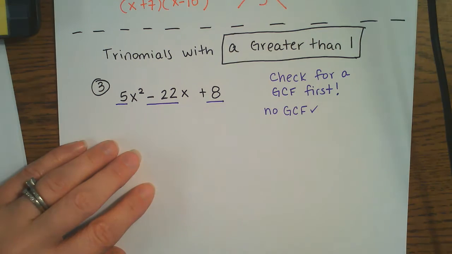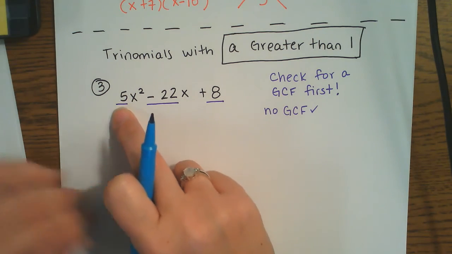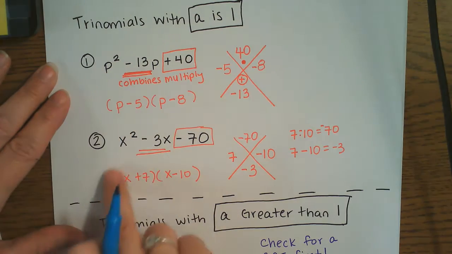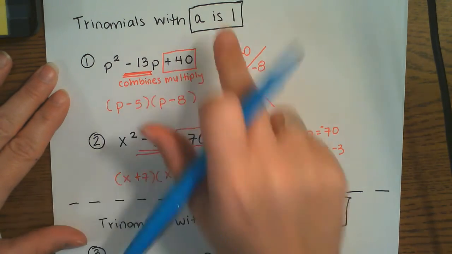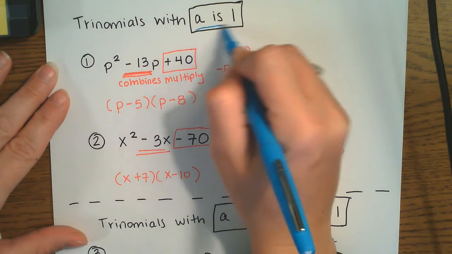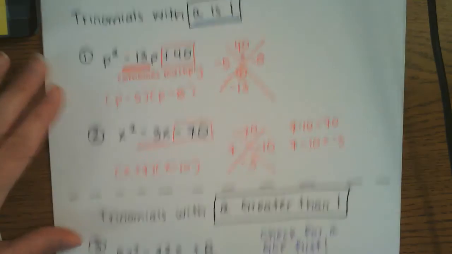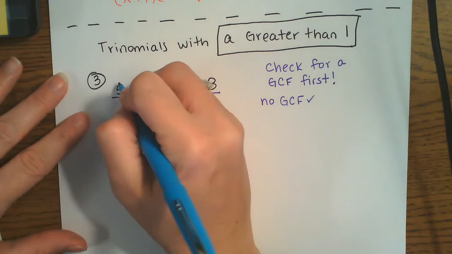So there's another step in this process, and that's because we put a number in front of the x squared. In the last problems, there was no number in front of the x squared or p squared term, and that's what we mean by a is 1, because there is no number in the front. But when there is a number in the front, here's what you need to do.